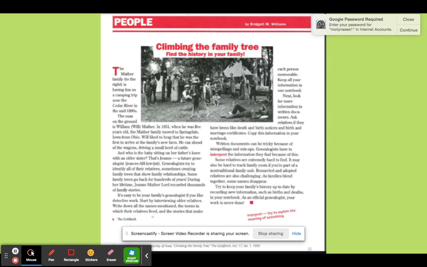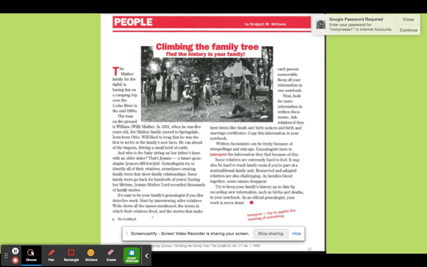Next, look for more information in written documents. Ask relatives if they have items like death or birth notices and birth and marriage certificates. Copy this information in your notebook. Written documents can be tricky because of misspellings and mix ups. Genealogists have to interpret the information they find because of this. Some relatives are extremely hard to find.